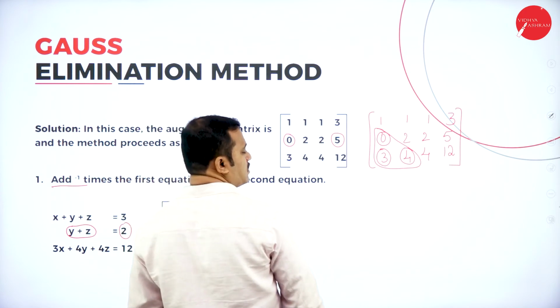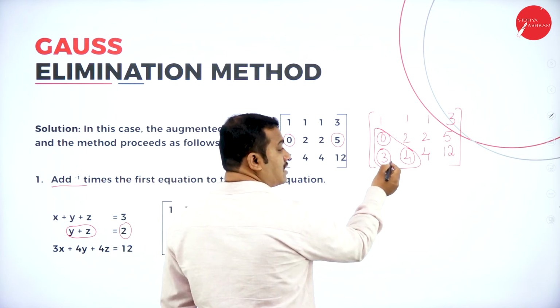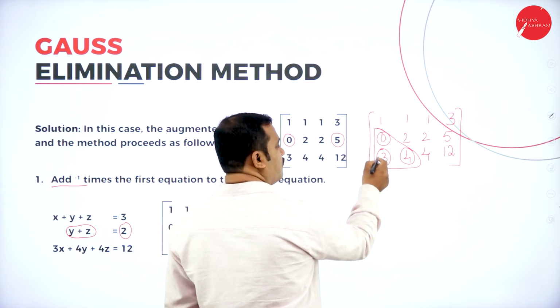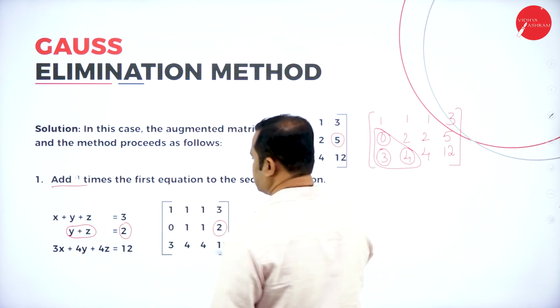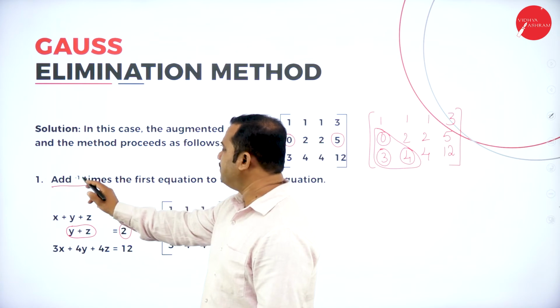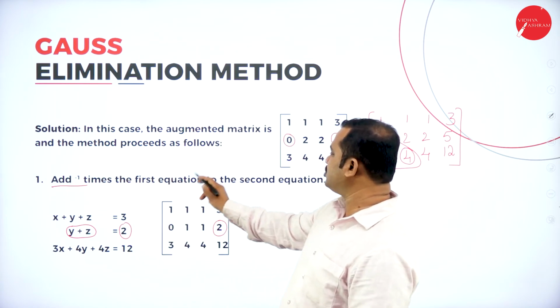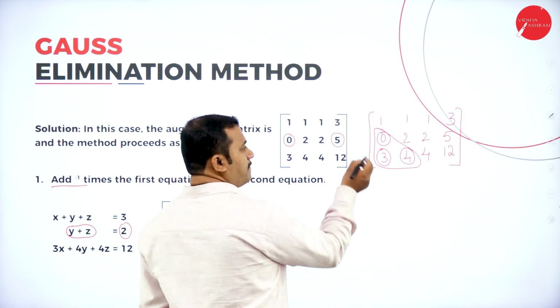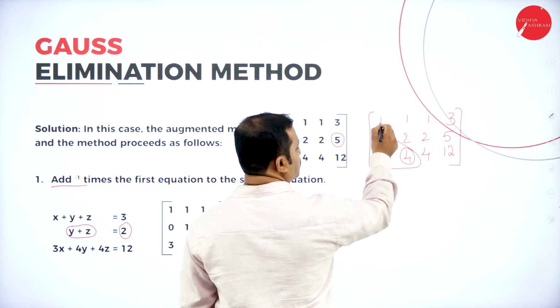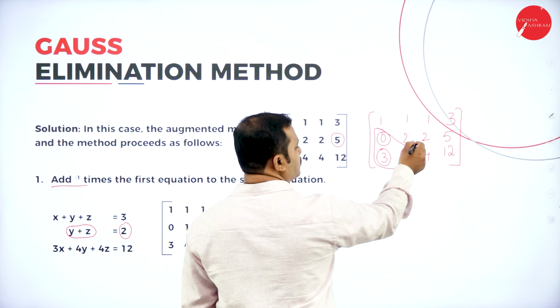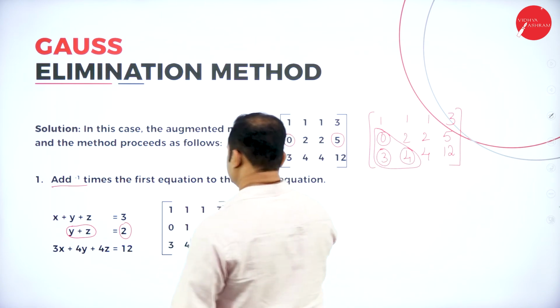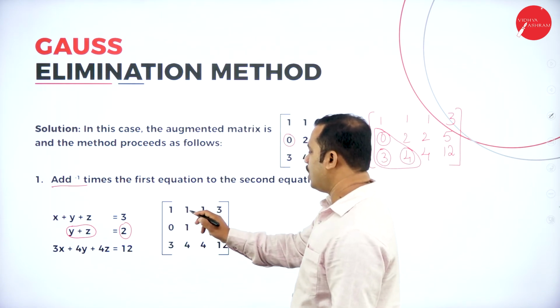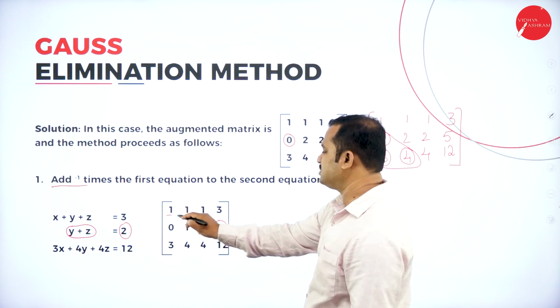Let me take you through the details of how you can make further operations. Add minus 1 times the first equation to get the second equation. That means if I add minus 1 times this equation to this equation, I'll get this: 1, 1, 1, 3 as it is.